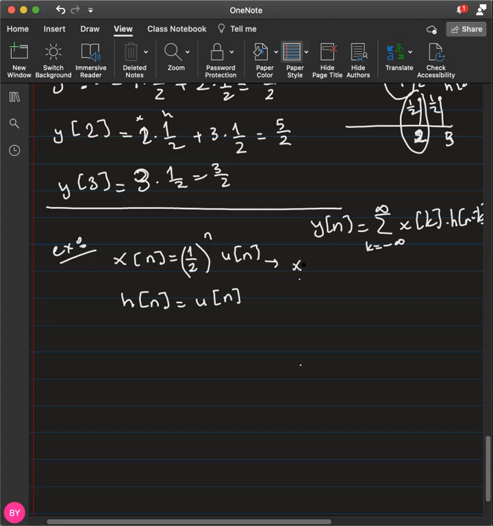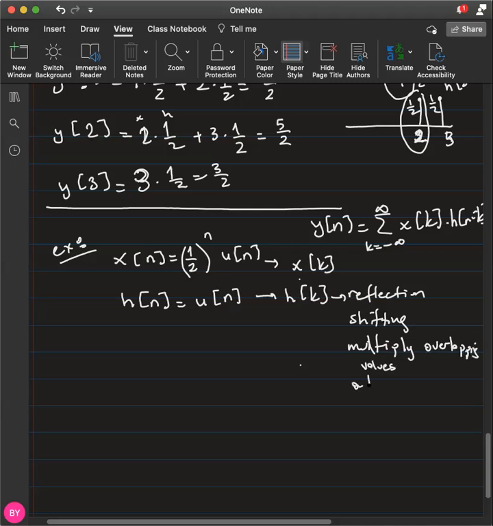Convert this into x of k, convert this into h of k, take the reflection, and then do the shifting and then multiply the overlapping, corresponding values, add those multiplications, and then finally write the summation result to the y signal or sequence on the sample of n.